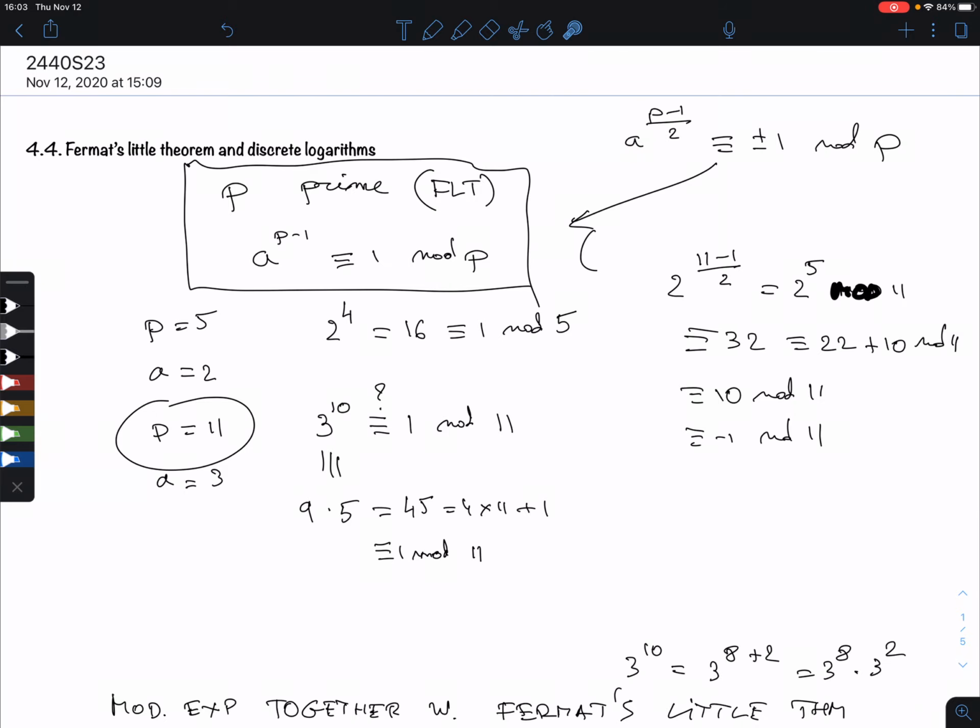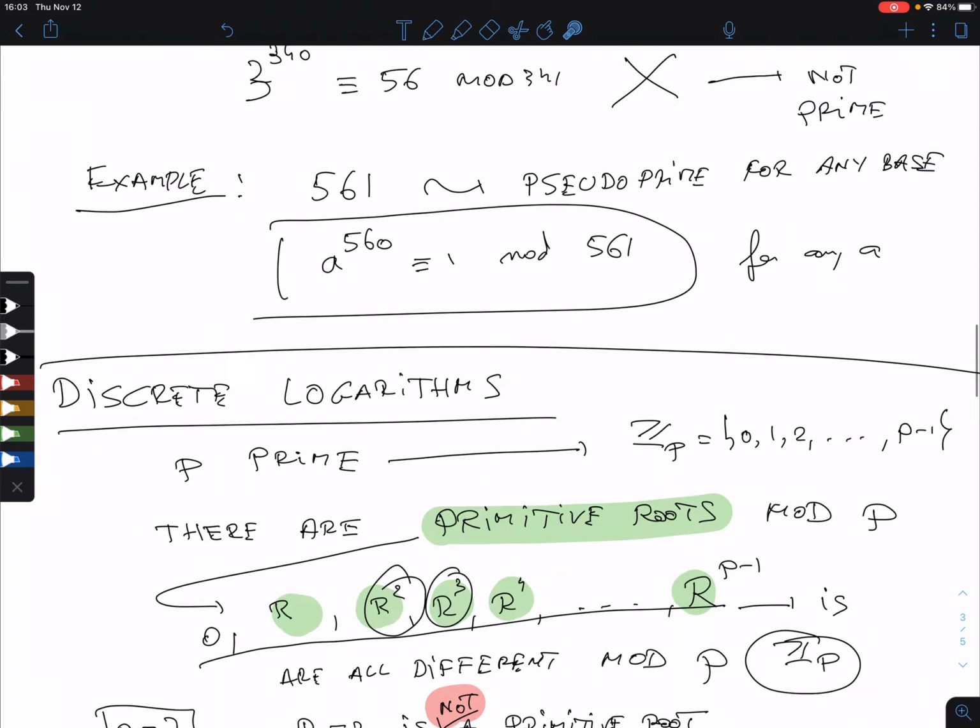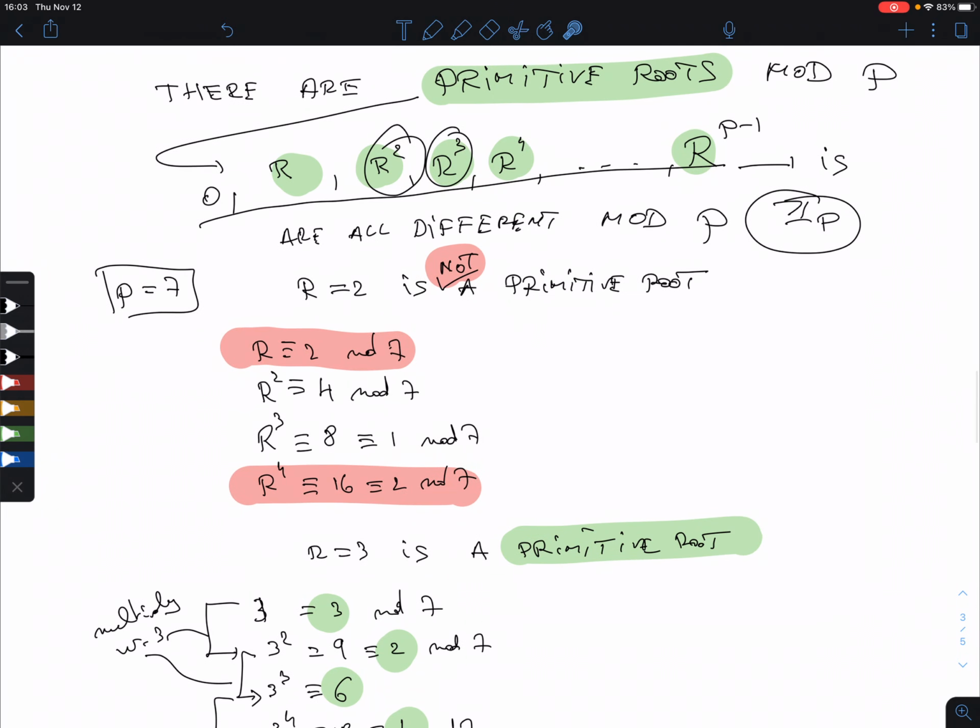So this power is 7 minus 1 divided by 2. This is not minus 1, but 1. So you see it can be 1. But as long as it's 1 or minus 1, it doesn't violate Fermat's little theorem. Now, it shouldn't, because it's a prime number.